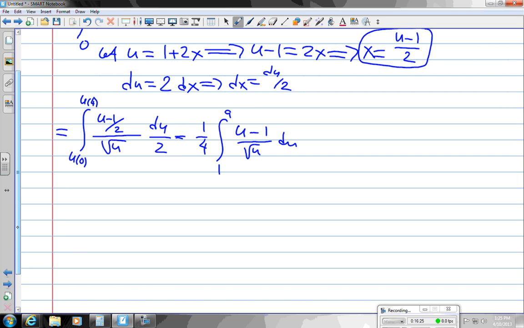Then I can divide each term by the square root of u. If I do that, I get 1/4 integral from 1 to 9 of square root of u minus 1 over the square root of u. u divided by square root of u is square root of u.